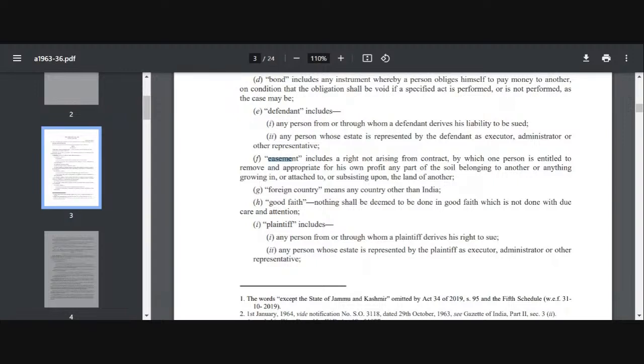Now coming to 2 clause F, the definition of easement is important because it includes a right not arising from contract. Though we don't have a contract between us, you still have a right against me or my property. For example, I have a pond in my land.